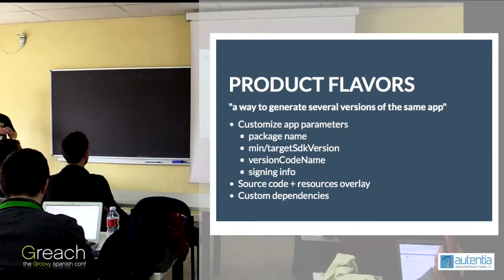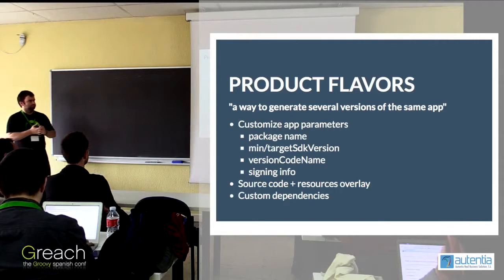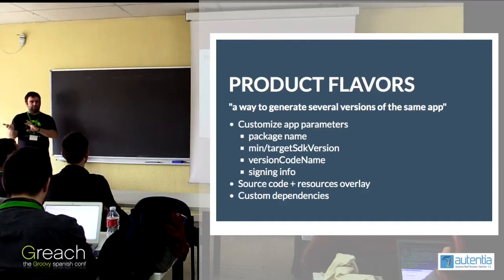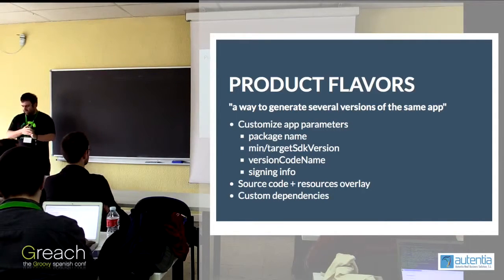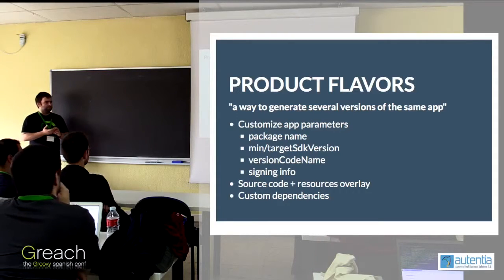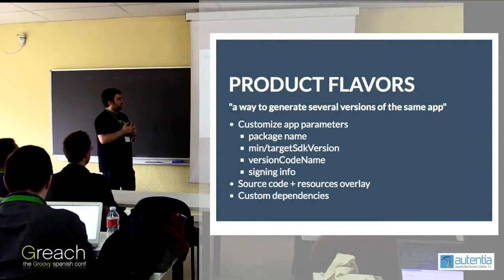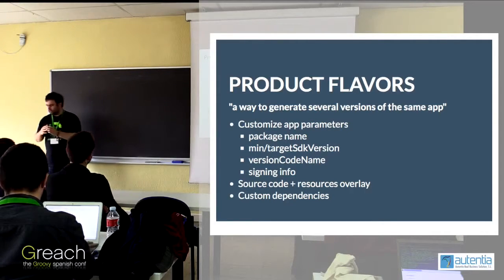The most popular scenario is that you have a free version and you have a paid version, right, in the app world. You can have, again, different target versions. That's quite popular, or what sometimes people do is that they have different flavors for different ranges of target versions.